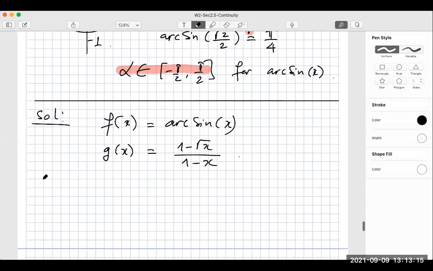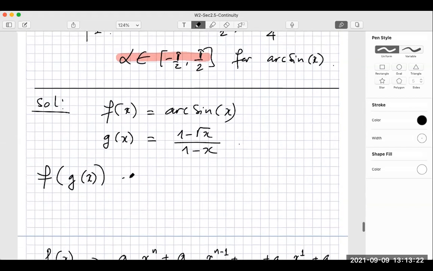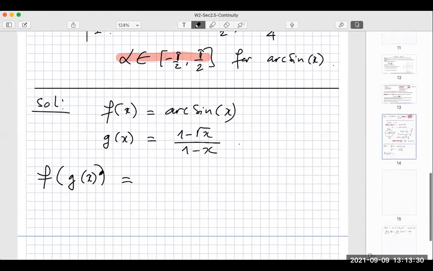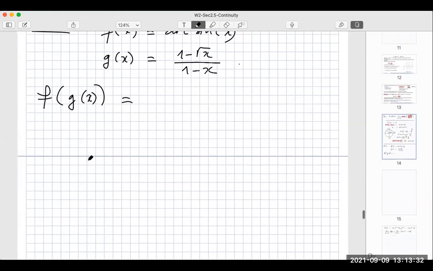What does it mean when we say f of g of x? So it is a composite function. It means that we should evaluate the term inside first.